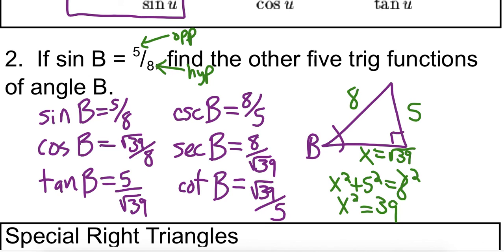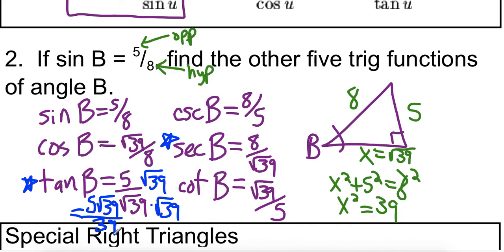Now, the only problem I have is a couple of these have irrational numbers in the denominator. So notice tangent and secant. I need to rationalize the denominator. To do that, we're just going to multiply top and bottom by root 39. So that's going to be 5 root 39, and then root 39 times root 39 is just 39.